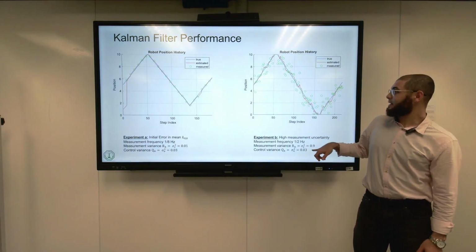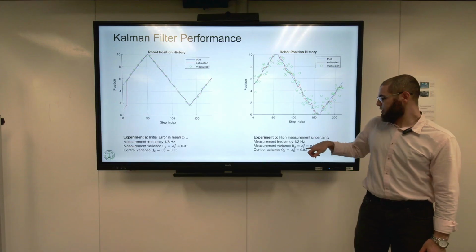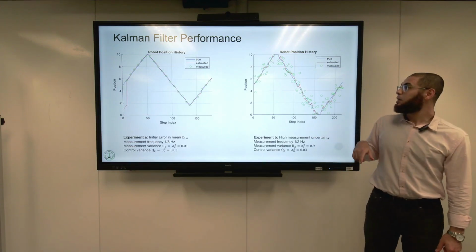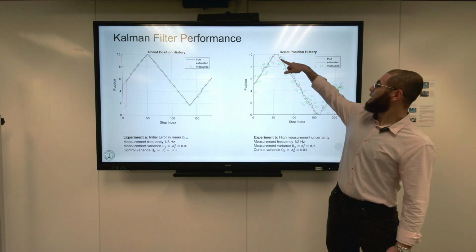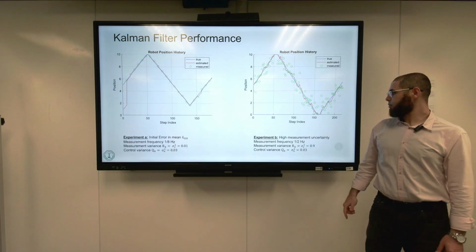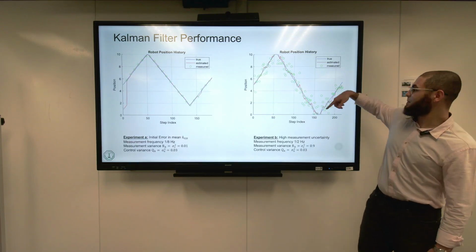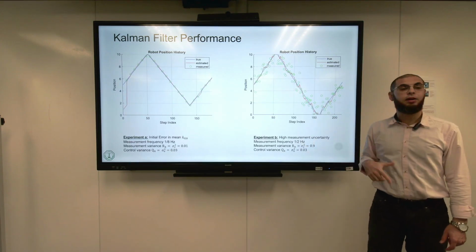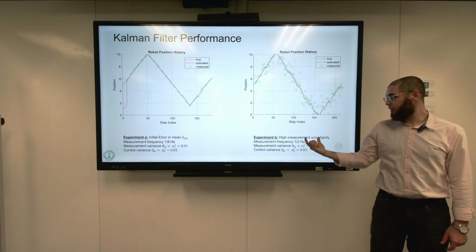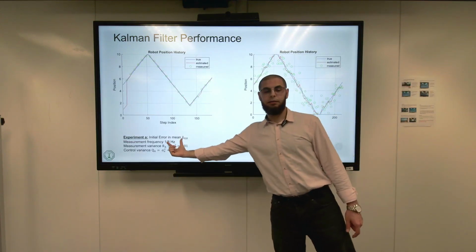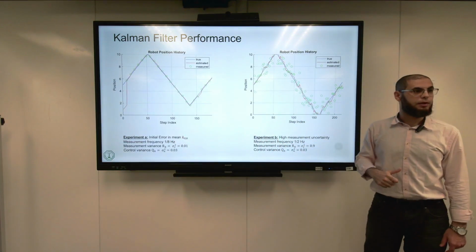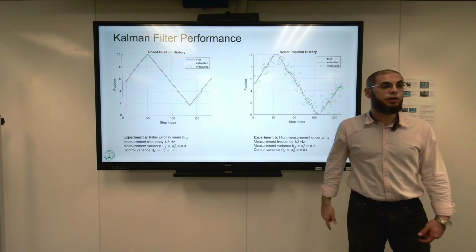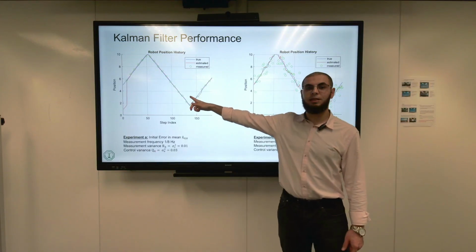In the second case, we changed the real variance of the measurement, so the measurements became very noisy, and we also increased the frequency. It was 1/8 and here it was 1/2. So here I'm getting measurements every 2 seconds, while there I'm getting them every 8 seconds.